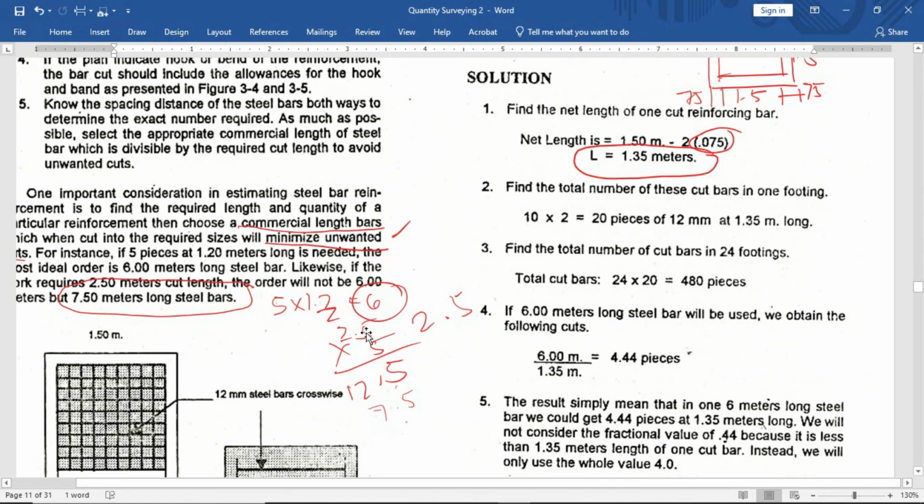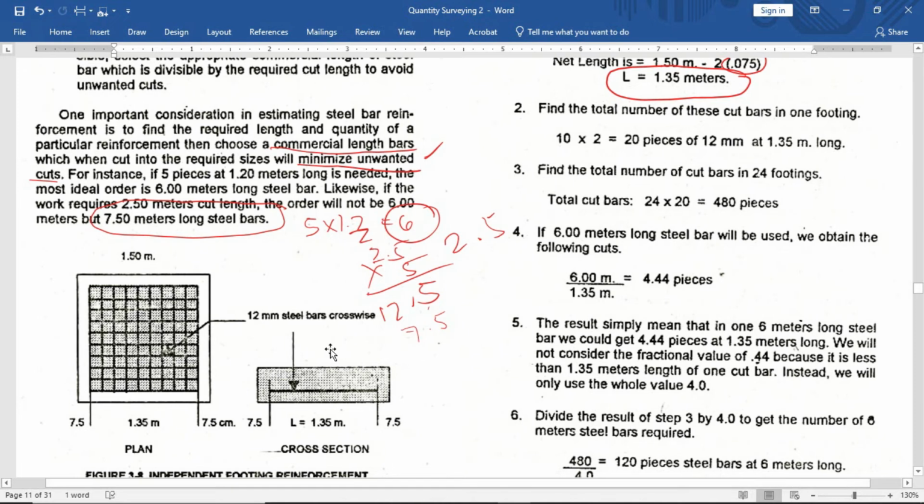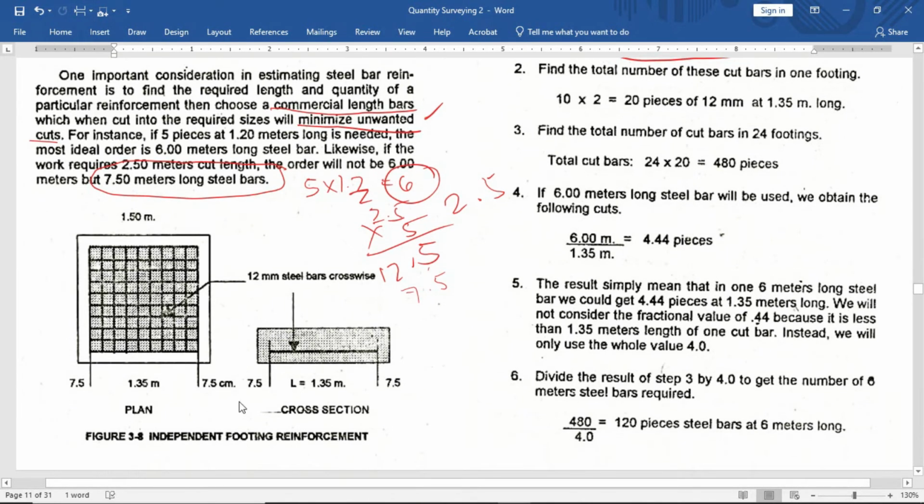Tingnan natin yung drawing sa plano. Bilangin natin yung number of bars sa plano. So, 1, 2, 3, 4, 5, 6, 7, 8, 9, 10.